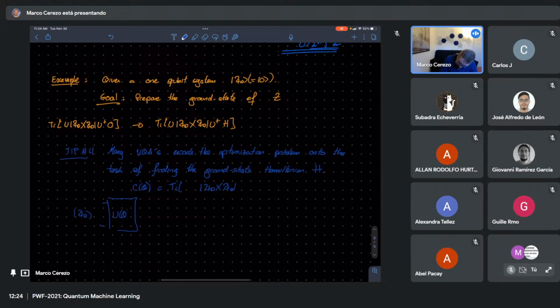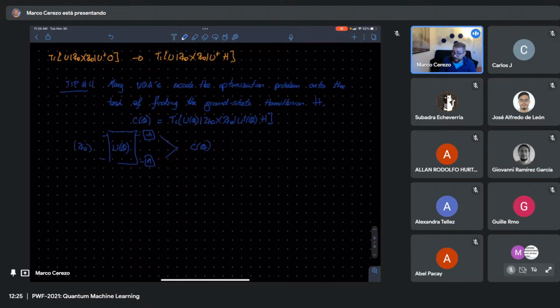We're going to get into a little bit more detail about this in just a second, so don't worry too much if you don't know what U of theta is. We're going to explicitly delve deeper into this in just a second. So we're going to apply U of theta to this state, so we're going to conjugate. And then we're going to try to estimate the ground state of this Hamiltonian, so we're going to perform measurements. And via those measurements, we're going to try to build C of theta.